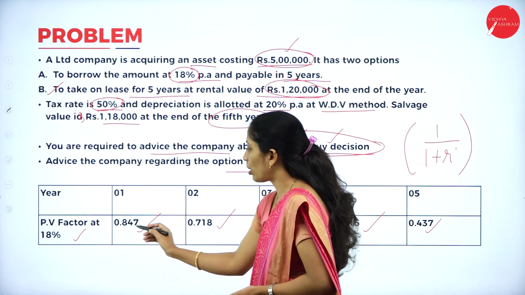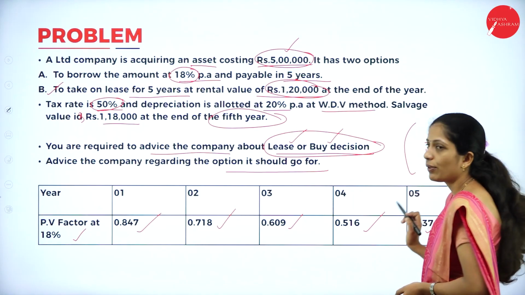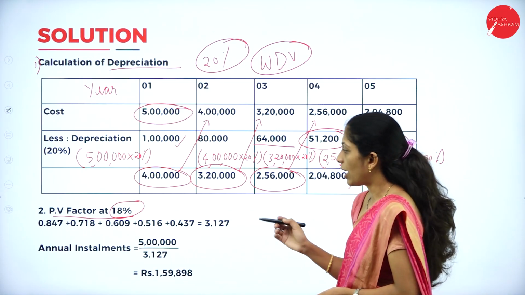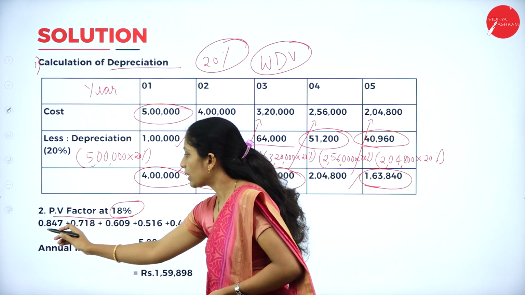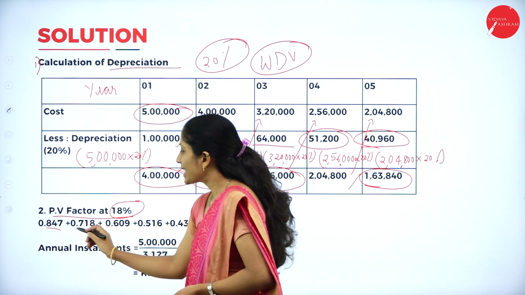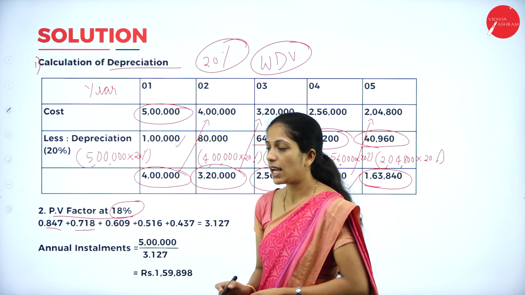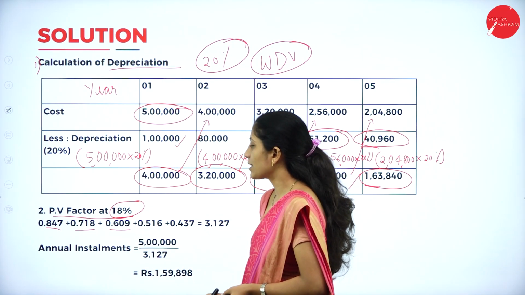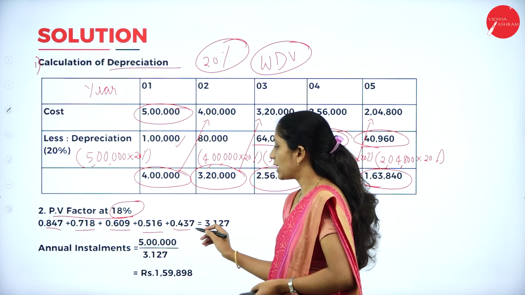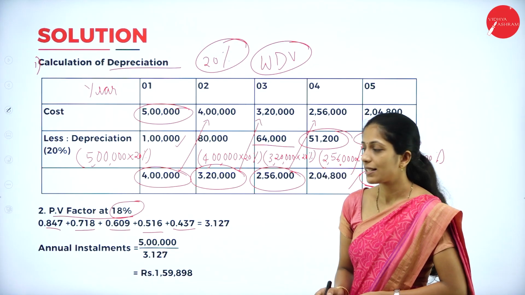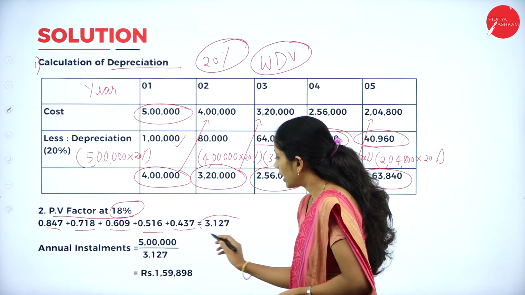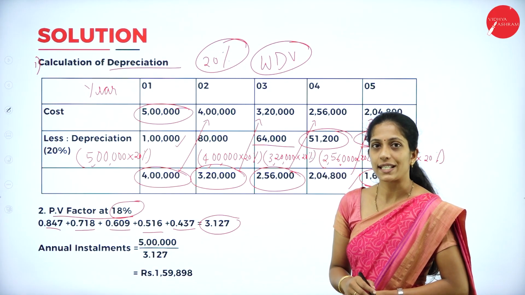We have to add all these PV factors, then we'll get the total PV factor at 18%. The first year is 0.847, second year is 0.718, third year is 0.609, fourth year is 0.516 and the fifth year is 0.437. They have already given this in the question. Add all this, you will get 3.127.